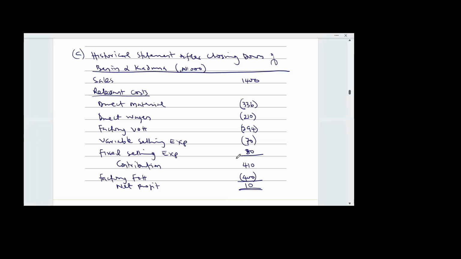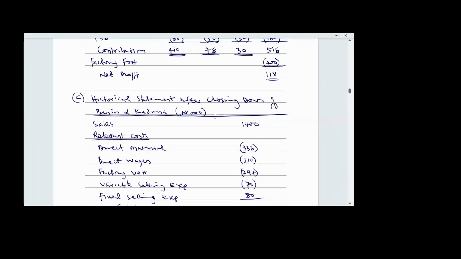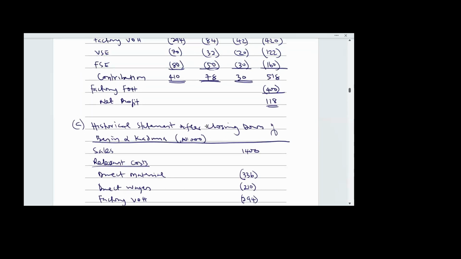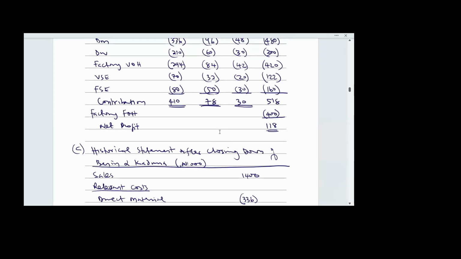So whatever. Examiner is saying you should advise. So what should be our advice? Should we close down Benin and Kaduna Depot? No. Okay, why shouldn't we close down Benin and Kaduna? Because Benin and Kaduna is operating at a loss. So why can't Ife Sinachi close down the Benin and Kaduna, even though they are still operating at that loss?